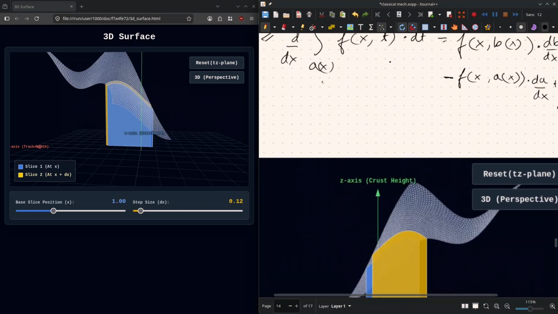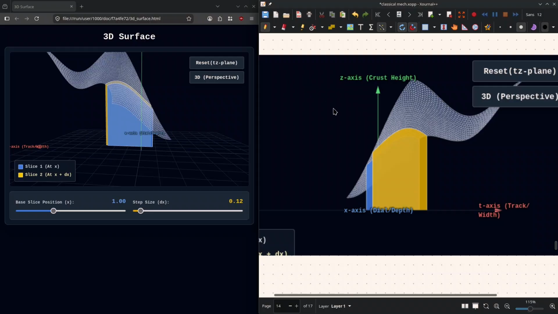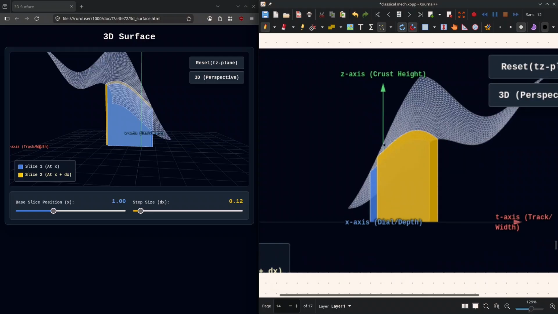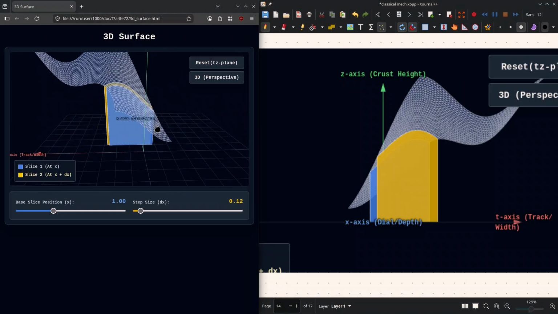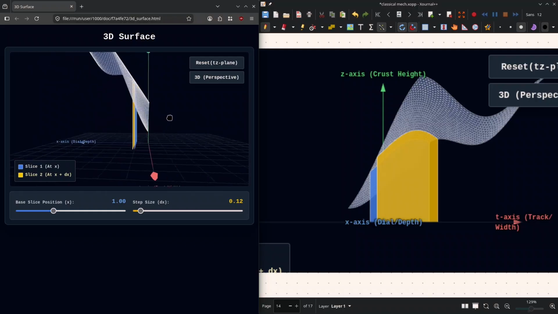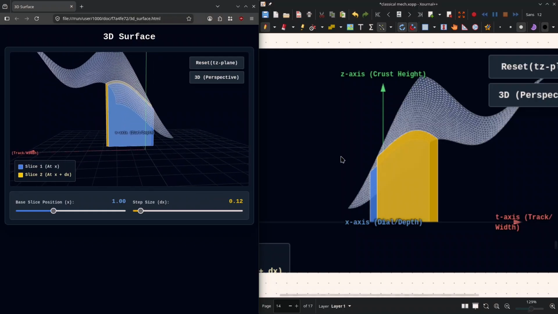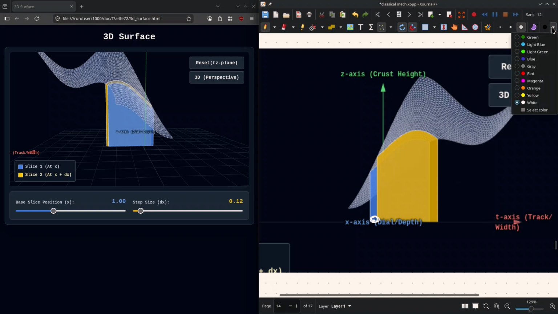Now to visualize this, what the left hand side is trying to say is this: if you carefully look, the blue slice represents the slice at x and the yellow represents the slice at x plus dx, right? Now the x-axis is pointing outwards from the screen, and this is the z-axis and this is the t-axis. Those two are clearly visible, right? So what we are doing here is finding how much the area changes, which is this.